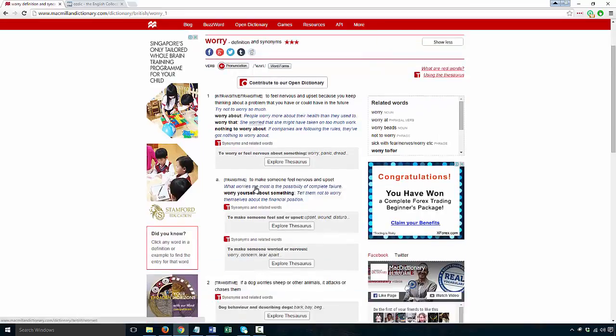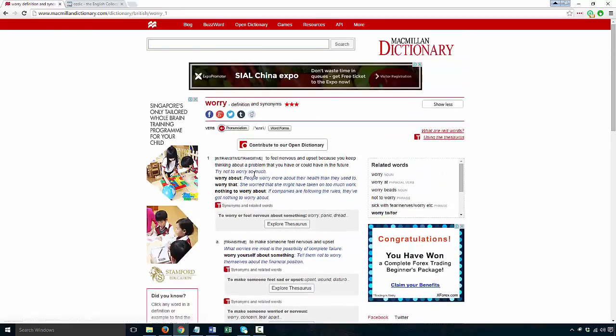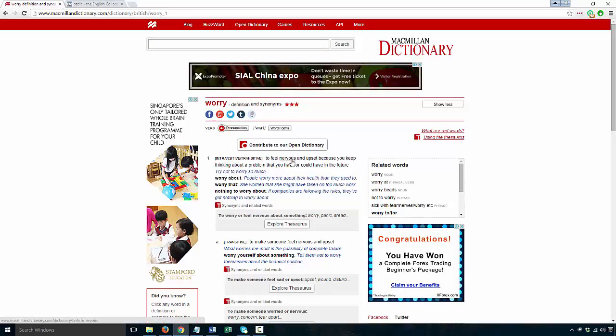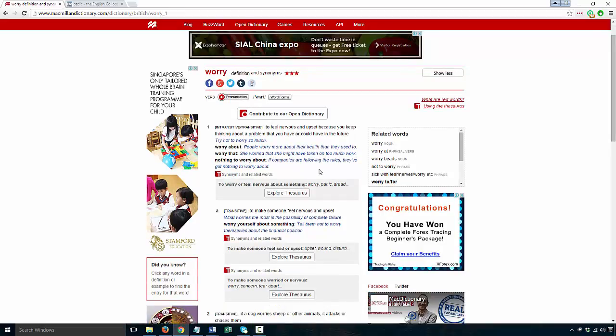There are actually two ways of using it. Well, more than two ways, but I want to focus on two ways here. This is the way I've been using it. I worry about something, to feel nervous or upset because you keep thinking about a problem that you have or could have in the future. Now, there is another way of using it, which is to make... Now, remember, we also talked about transitive and intransitive under word pattern.